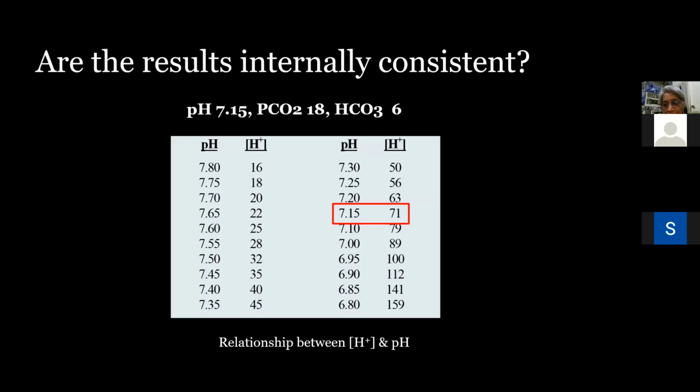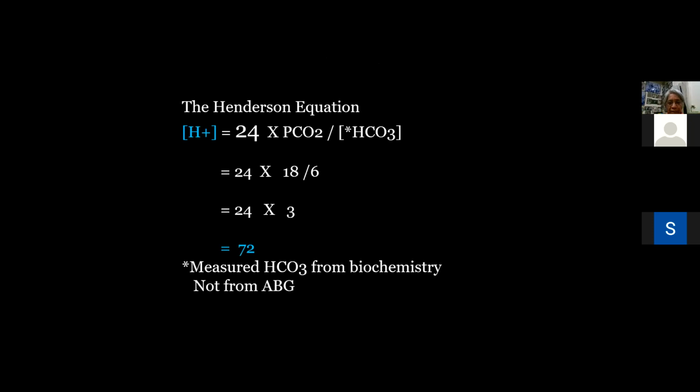I've marked in red that the H ions that it should have is 71. And you can calculate the H ions from the Henderson equation, that is 24 into your PCO2 divided by your bicarbonate. Now, this is very important that this bicarbonate is the bicarbonate measured in the biochemistry lab.